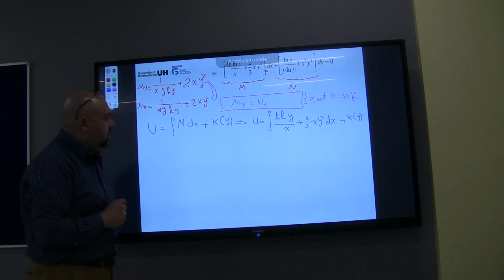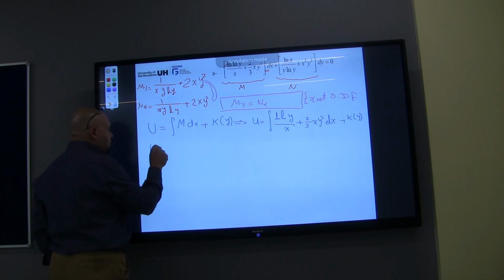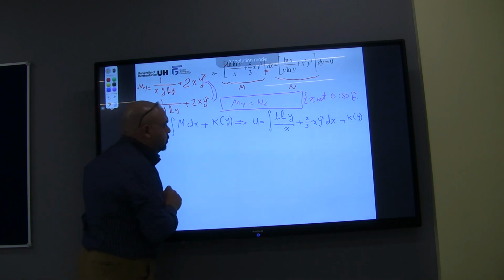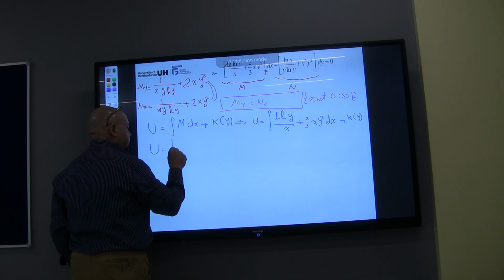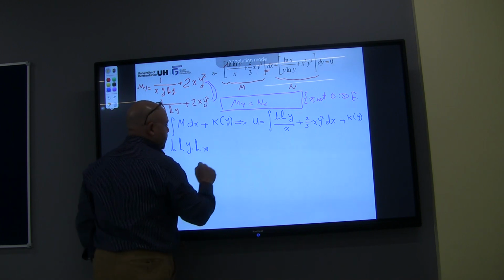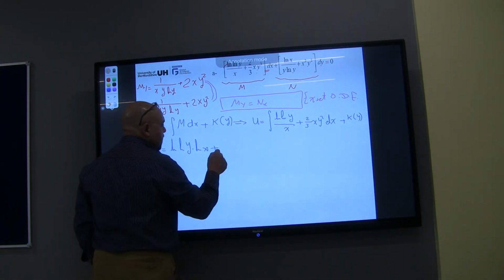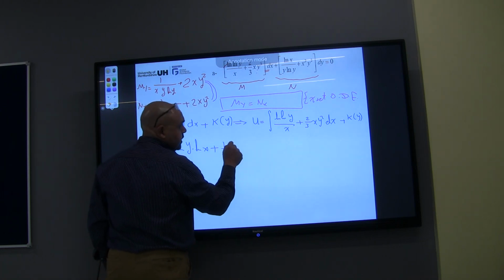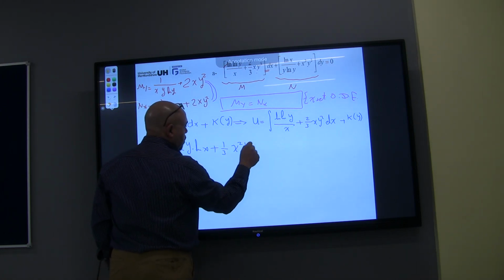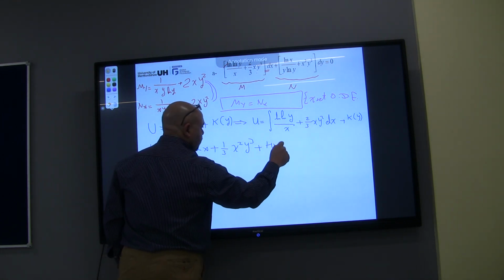As you can see, if I integrate this function, I will have u equal to ln y times ln x, plus, integrating with respect to x, 1/3 of x squared y to the power 3 plus k of y.